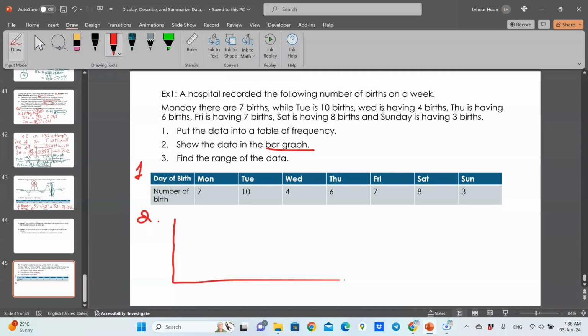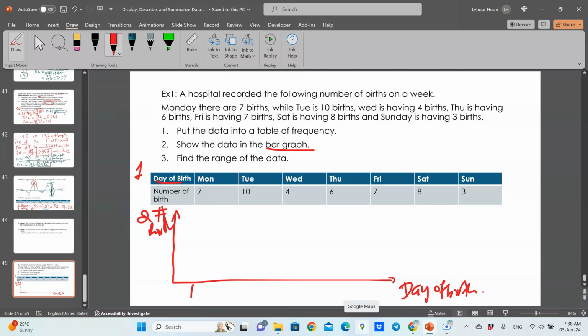So which should be the horizontal? The days, day of birth. And the vertical is the number of births.